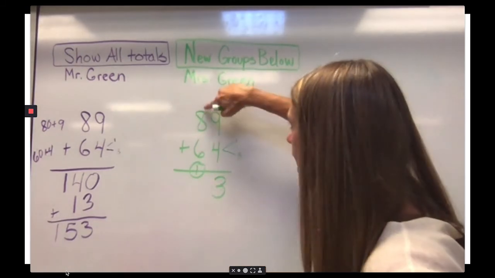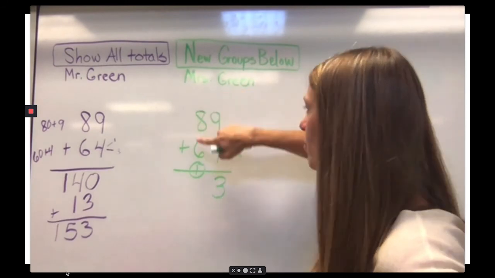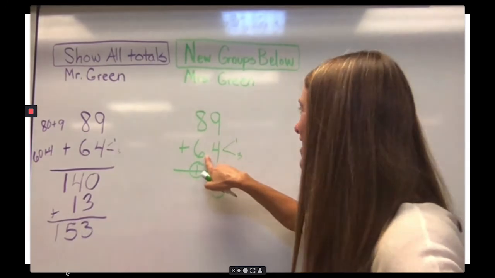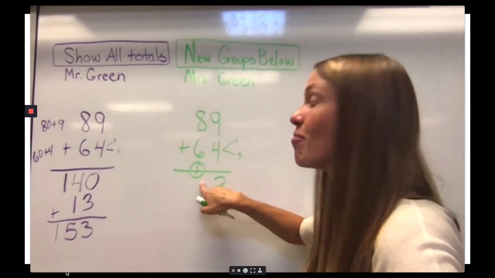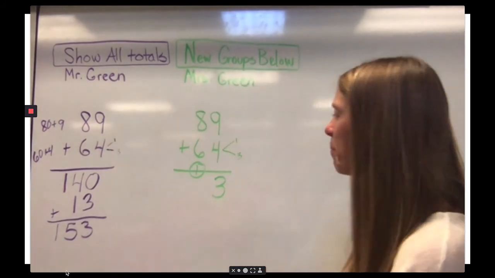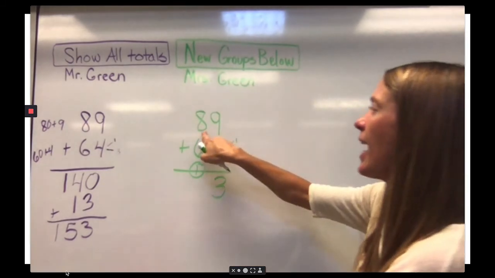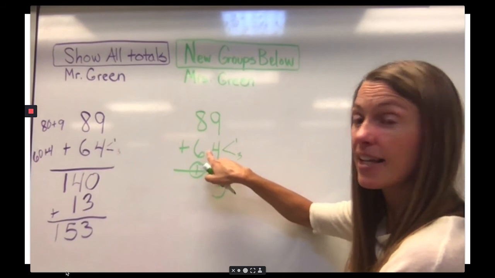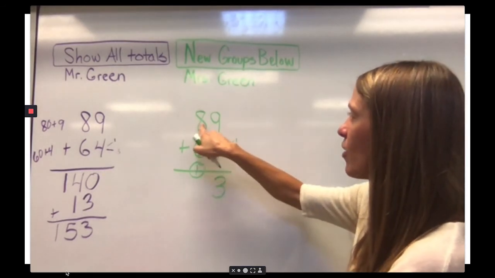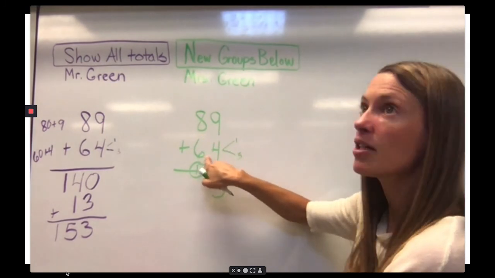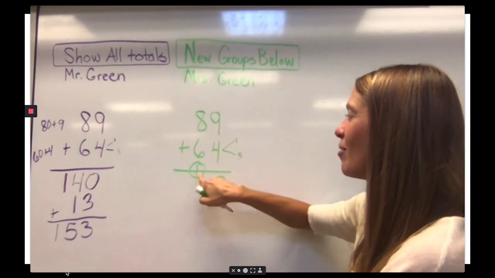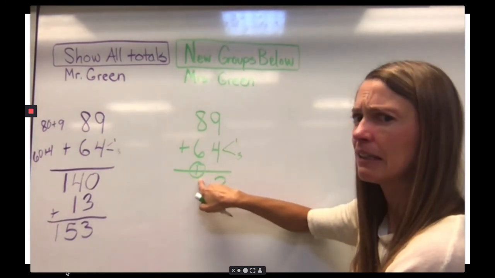So now I have 8 tens plus 6 more tens plus 1 more ten from the new group that I made with the number 13. So let's see, 8, and I can chunk this again: 6 could be a 2 and a 4. So 8 plus 2 is 10, plus 4 more is 14, plus 1 more is 15.